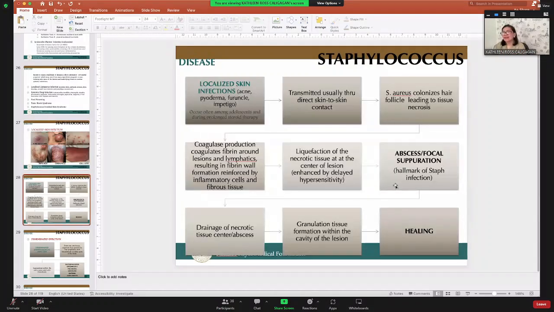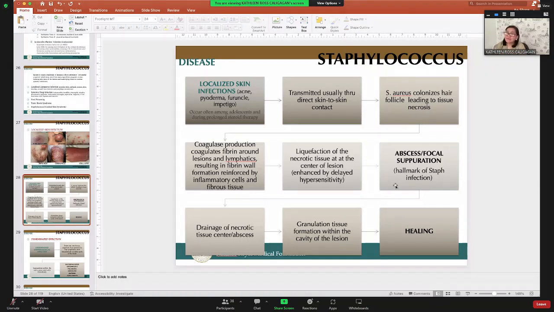Drainage of that abscess will lead to formation of granulation tissue within the cavity of the lesion, which marks the start of healing of the lesion.